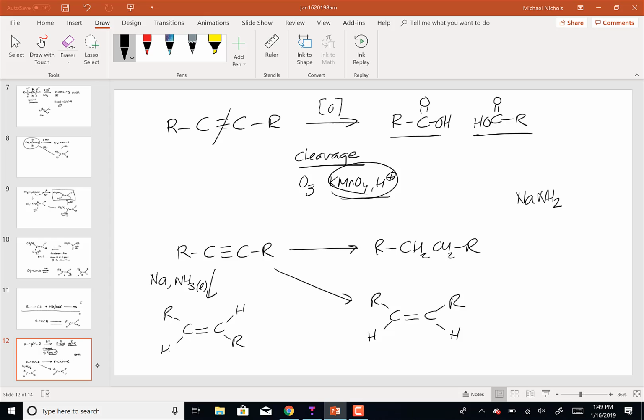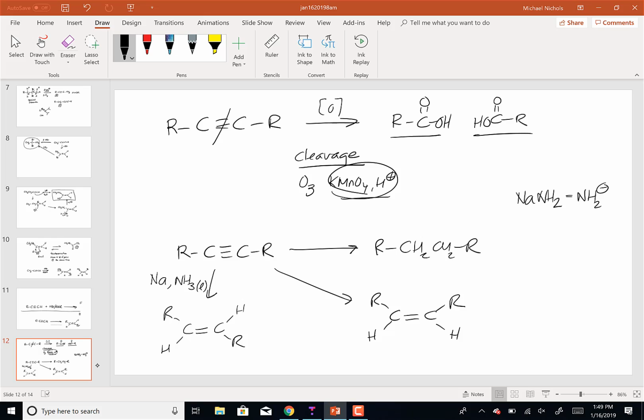Because I usually leave off the cations, NaNH2 is NH2 minus. So these 2 reagents are completely different. The sodium in ammonia is to take a chunk of sodium metal and drop it in liquefied ammonia.